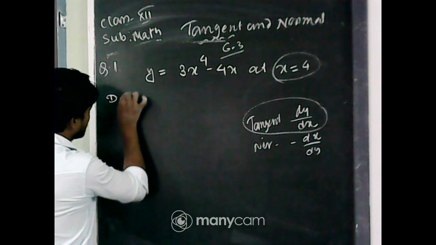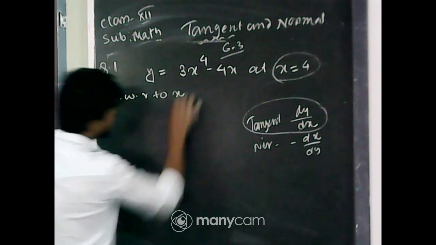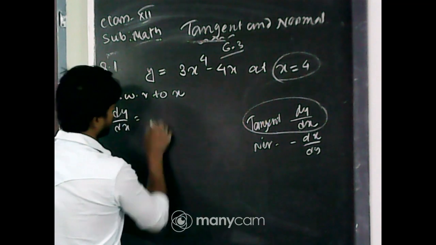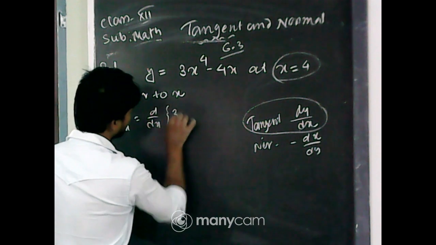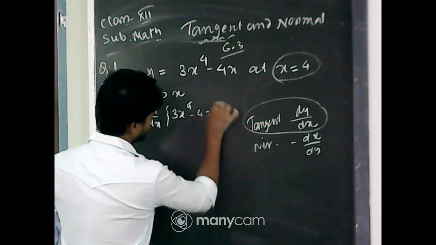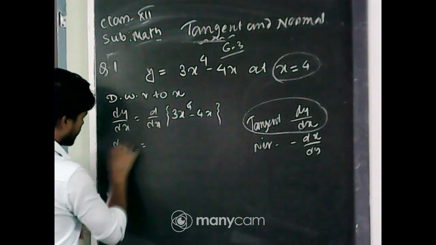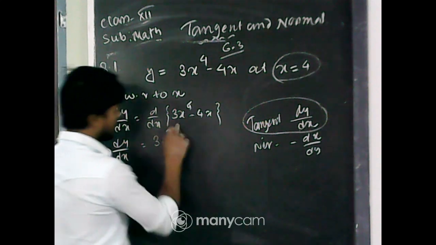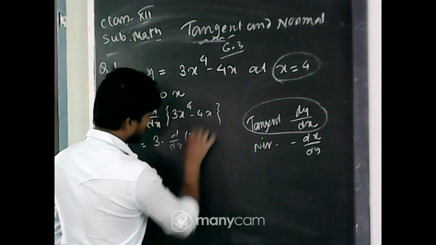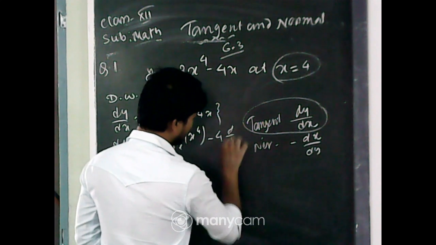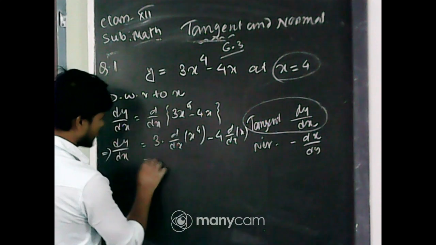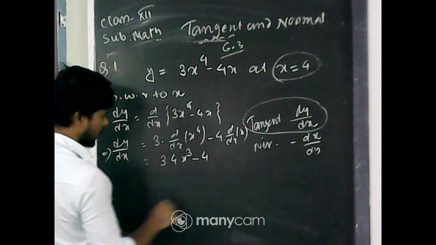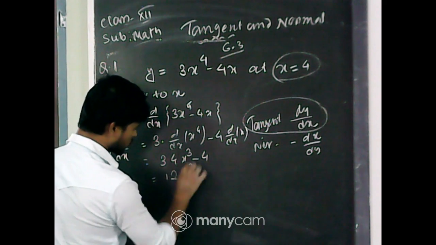So dy/dx is equal to d/dx of 3x to the power 4 minus 4x. 3 is a constant, d/dx of x to the power 4 is 4x cube, and 4 is a constant multiplying x. That means it will be 12x cube minus 4.